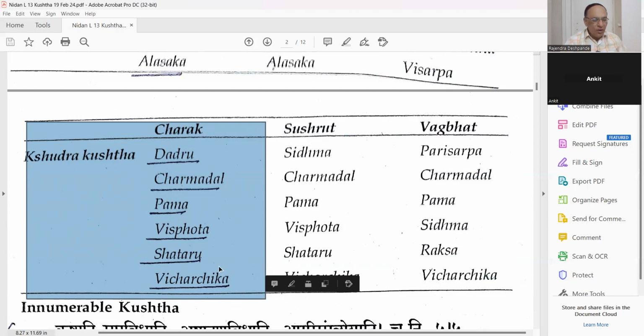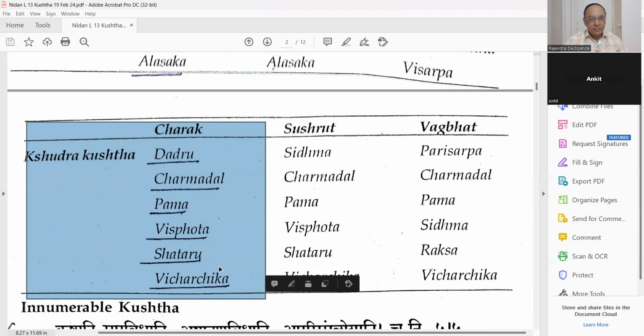Now, I would like to give some parallel modern dermatology words. Please write down, my students. For Mahakushta, many of the Mahakushtas are part and parcel of the different types of leprosy. At the end of this lecture, I have made some handwritten notes that I am going to show you. But first you write down Mahakushta can be compared with leprosy.